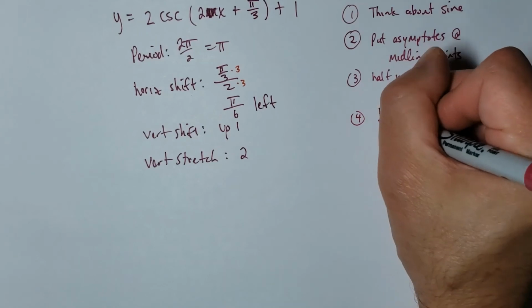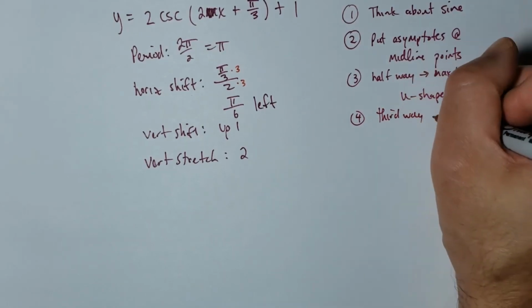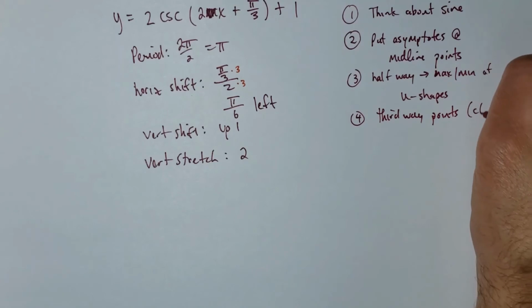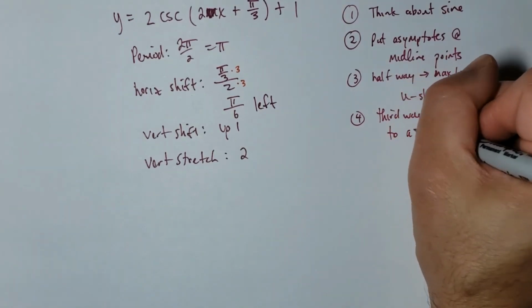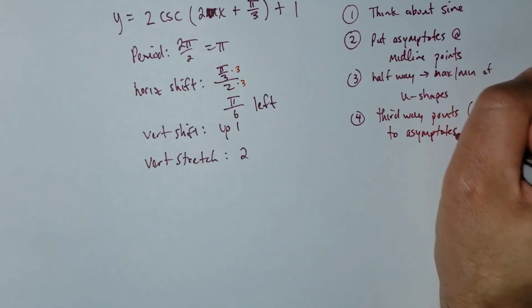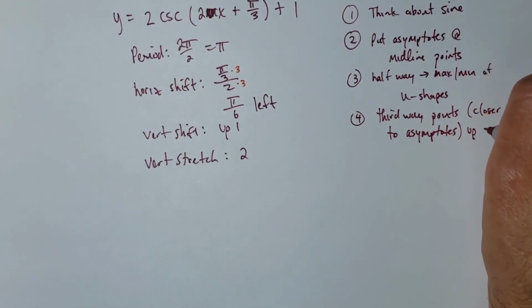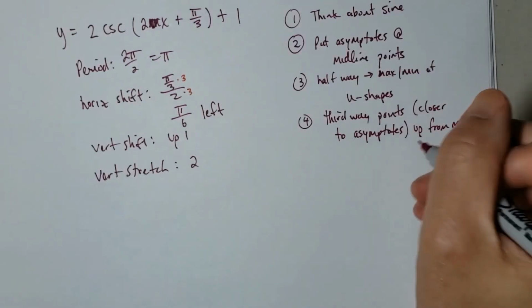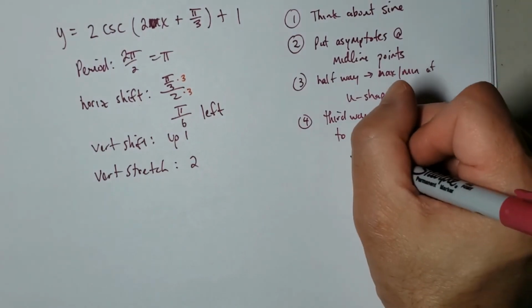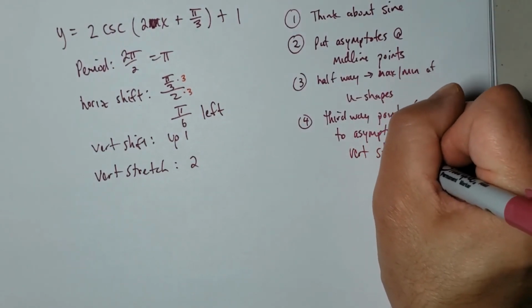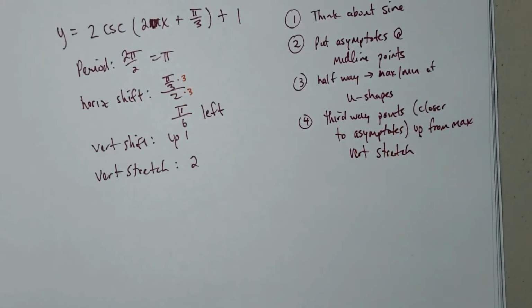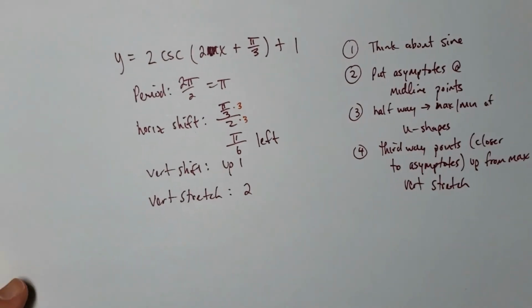And then you get your third waypoints, which are closer to the asymptotes. And they go up from the max and mins, so up from the max, the vertical stretch, and similarly for the down from the min. That's the basic idea.